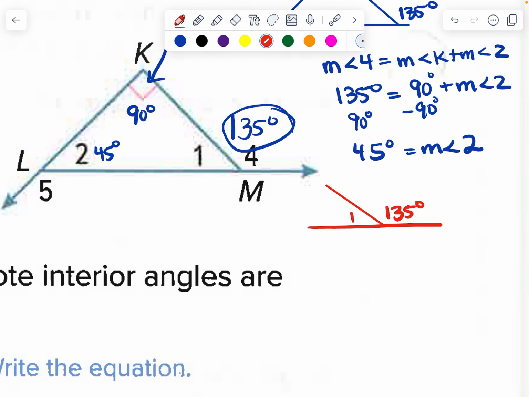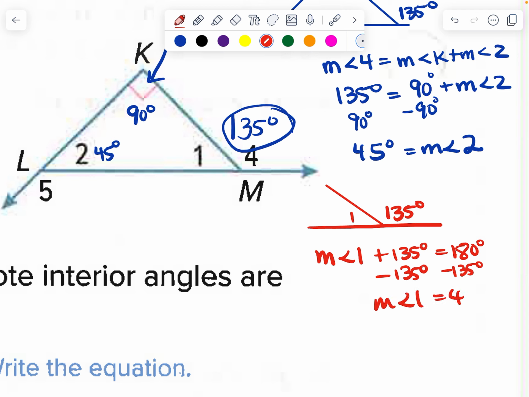That is a linear pair, so it's supplementary. So the measure of angle 1 plus 135 is going to equal 180 degrees. So I subtract 135 from both sides, and the measure of angle 1 is 45 degrees.